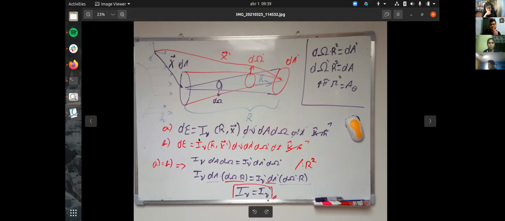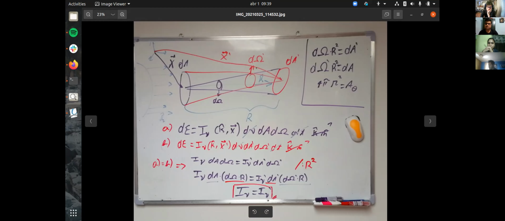I think they're equal because this is the energy that crosses along this direction. So it's along the same ray, and this area, and so the energy goes through here first, and the photons that travel from this distance are the same photons that go through the second area element.